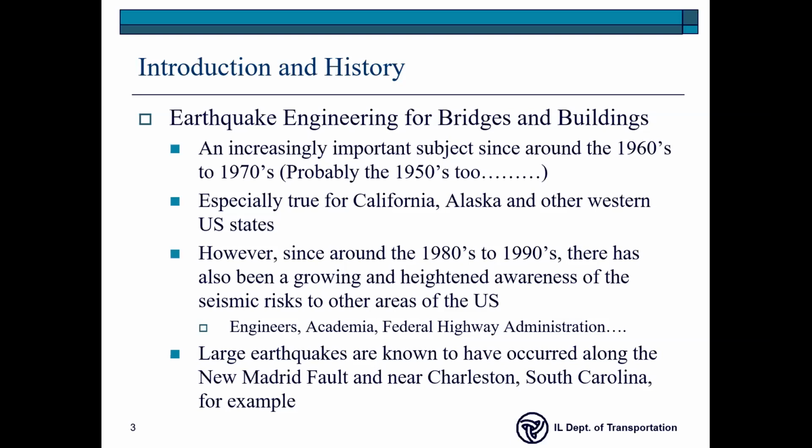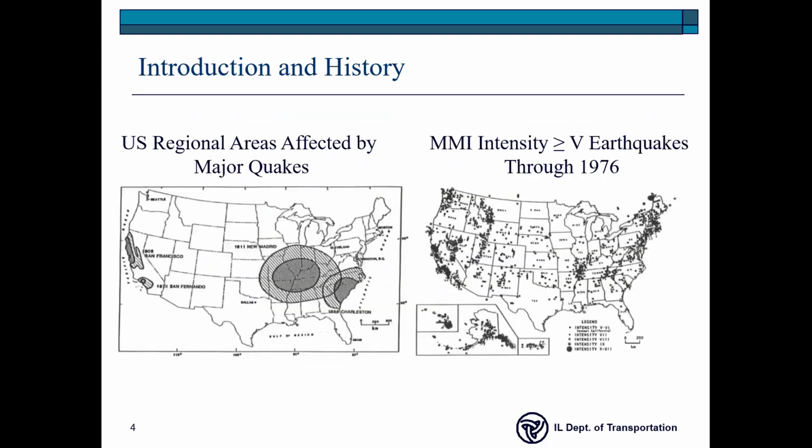Around this time, about 30 years ago, we really started paying more attention to earthquakes in other parts of the United States besides the Western states. Large earthquakes are known to have occurred in what we call the New Madrid Fault region, and also very large earthquakes near Charleston, South Carolina.